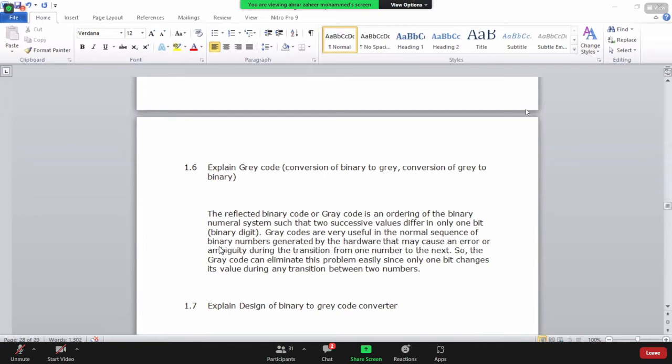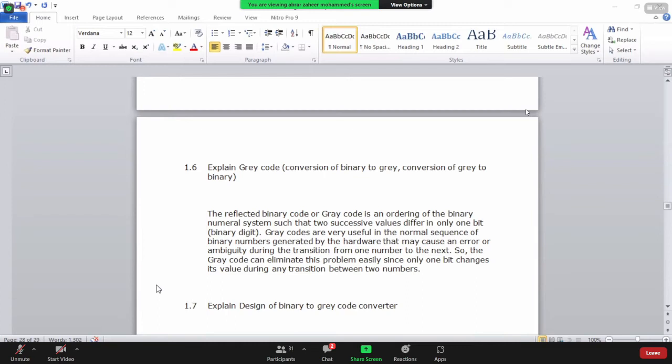Gray codes are useful because the normal sequence of binary numbers generated by hardware may cause an error or ambiguity during the transition from one number to the next. Gray code can eliminate this problem easily since only one bit changes its value during any transition between two numbers.